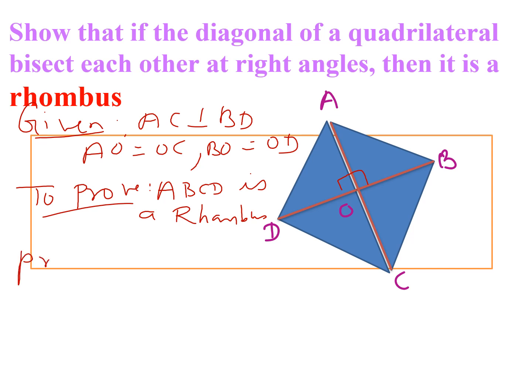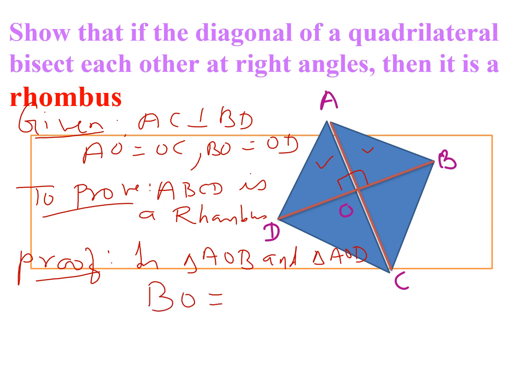So let us start proving this. Take two adjacent triangles. In triangle AOB and triangle AOD, can you find out the three congruent parts of these two triangles? Yes, of course. We can write DO is equal to BO because it is given.